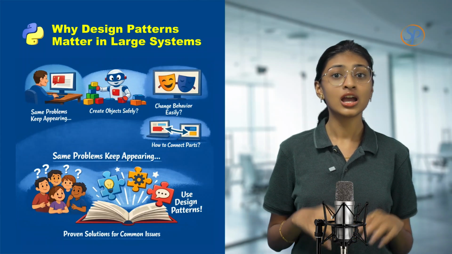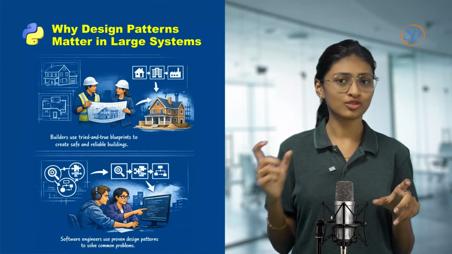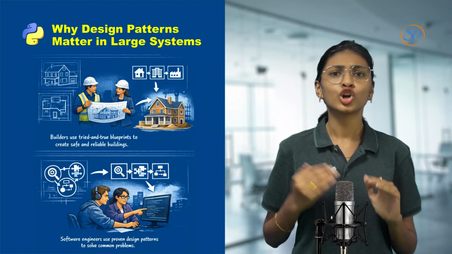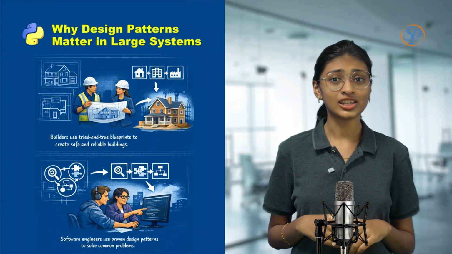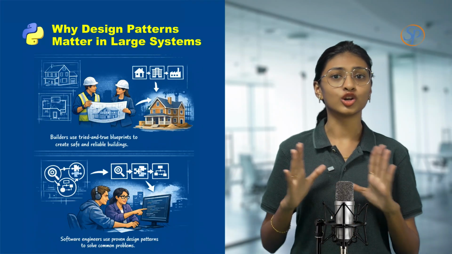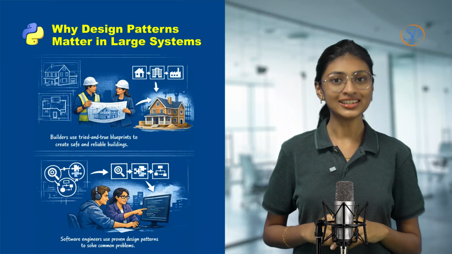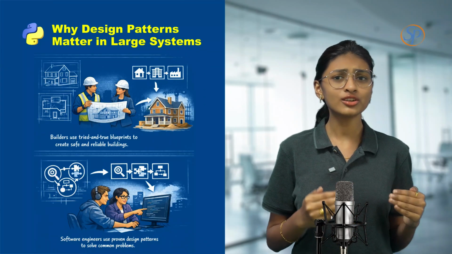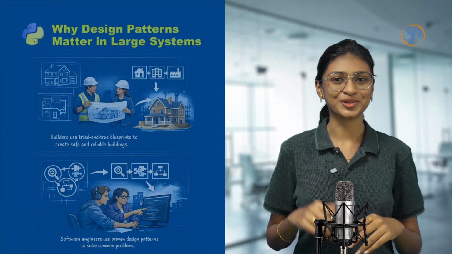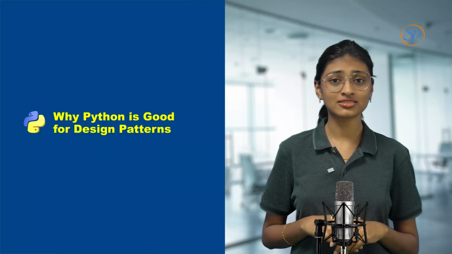For example, construction blueprints. Think about construction blueprints. Engineers do not design every building from scratch. They reuse patterns that are known to be safe and also reliable. Similarly, design patterns allow software engineers to reuse design ideas, not code. Why is Python naturally good for design patterns?